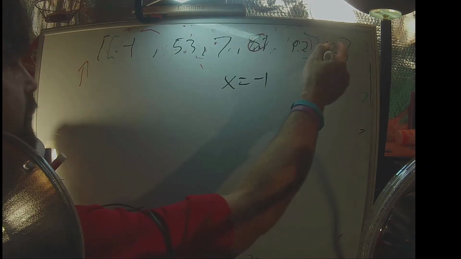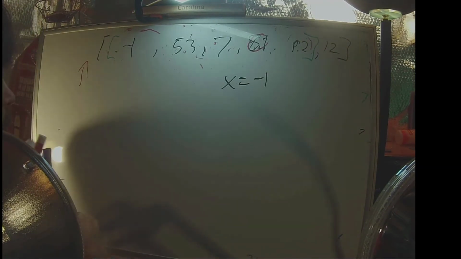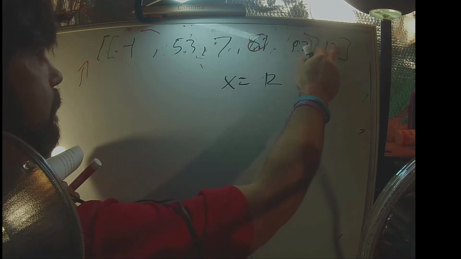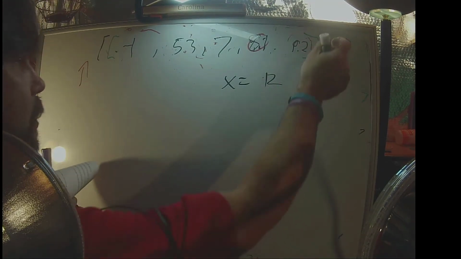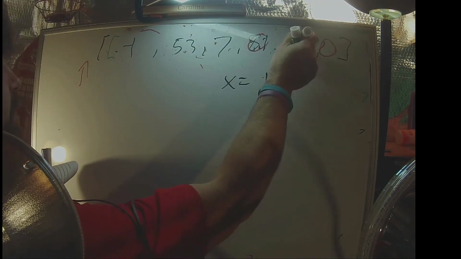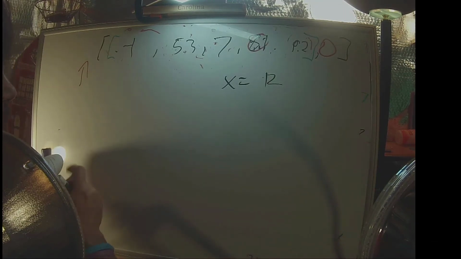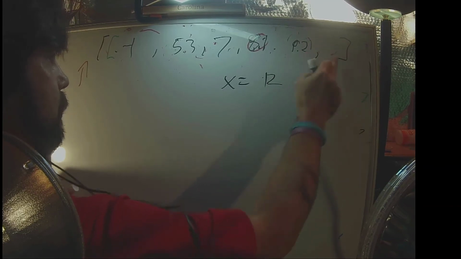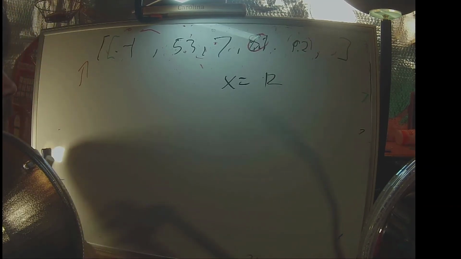And now the last one is 12. We pull 12 out, we put a hole. But as soon as we look, is 12 less than 9.2? Well, no, it's not. So that terminates. We know that 12 has to go there. And we get rid of our hole and we put 12 back where it was.